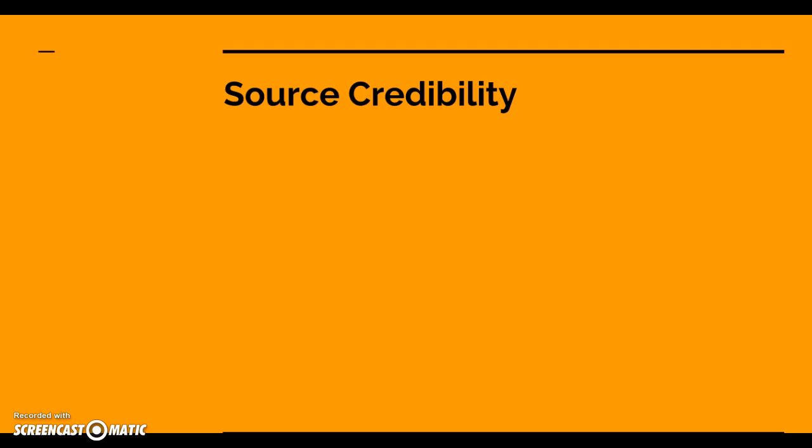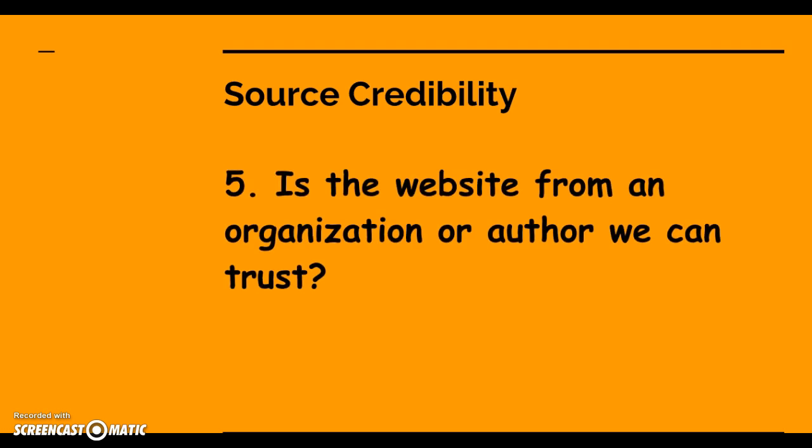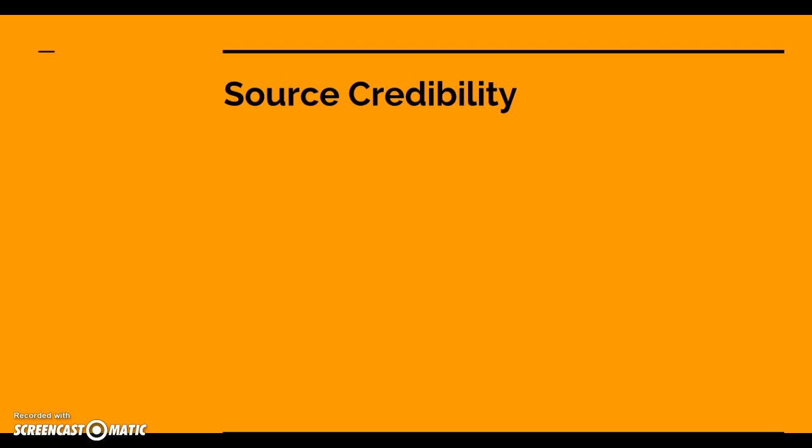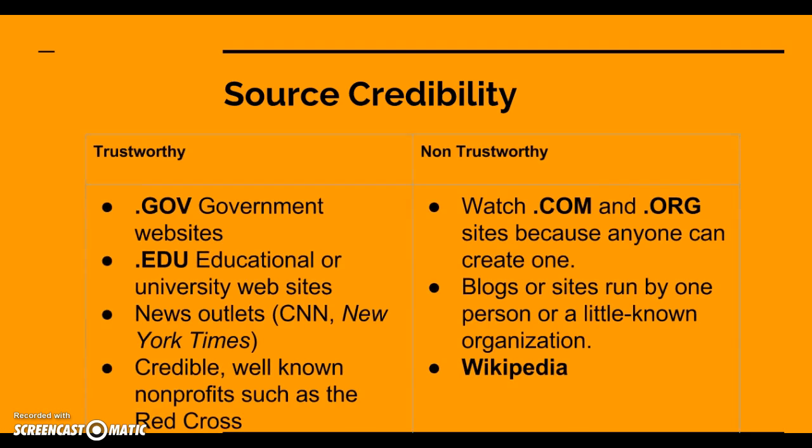Our fifth and final question: is the website, or what I'm looking up online, the video, from an organization or author we can trust? Do we know who put it up? This will give you a quick little rundown of trustworthy versus non-trustworthy. Trustworthy if it has a .gov or .edu. They have to be a government agency or a university to get that domain name online. They've already been vetted.